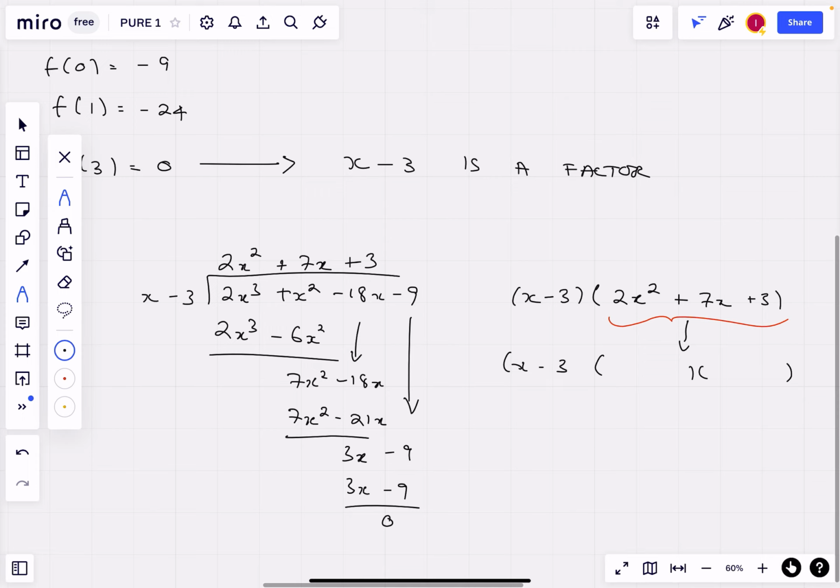Can you try that for me, please? So you should have gotten 2x plus 1 and x plus 3. There you go. That is the function fully factorized.